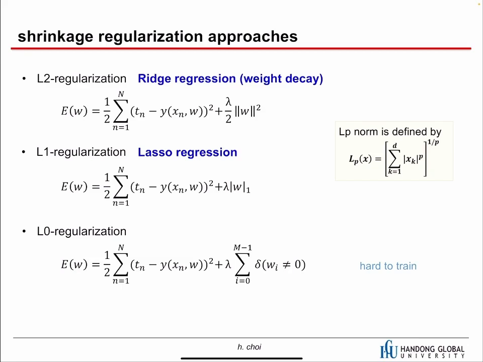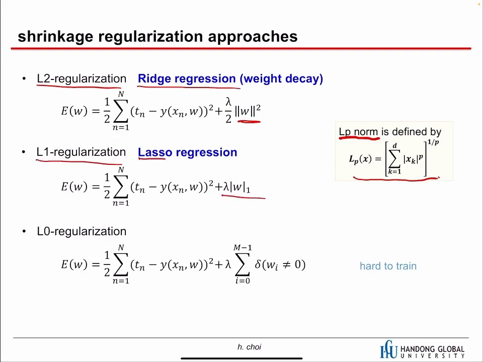So far, we talked about only one specific example of regression method, which was ridge regression. Ridge regression is based on the L2 regularization, like this one. This one is the L2 norm. Actually, the Lp norm is a more general term, which is defined by this. So L2 regularization is ridge regression, and we can put the L1 norm as penalty like this.